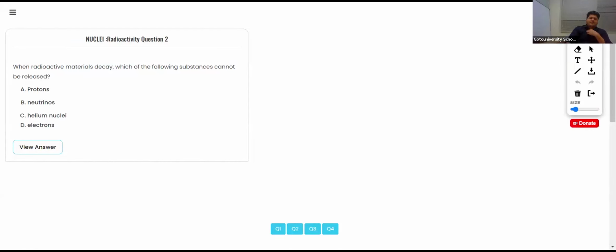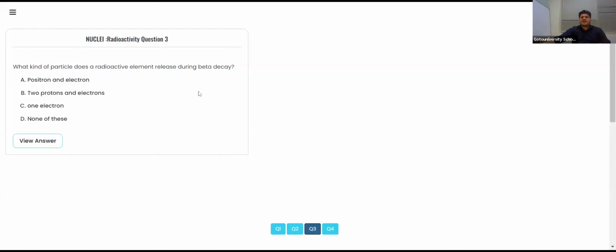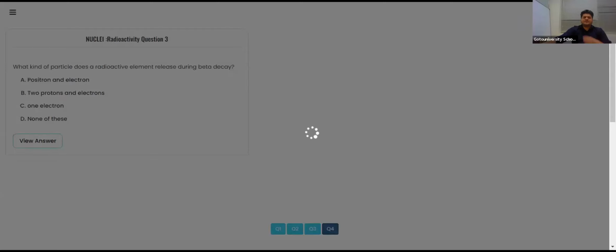Next: what kind of particle does a radioactive element release during beta decay? Positron and electron, two protons and electron, one electron, none of these. Obviously the answer is A, positron and electron, from beta plus and beta minus decay.